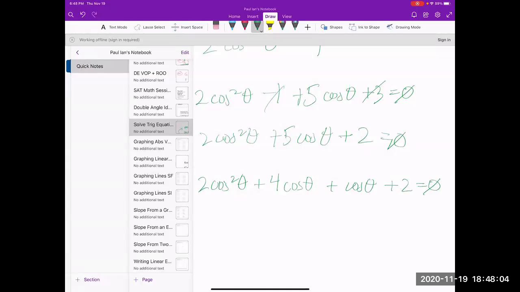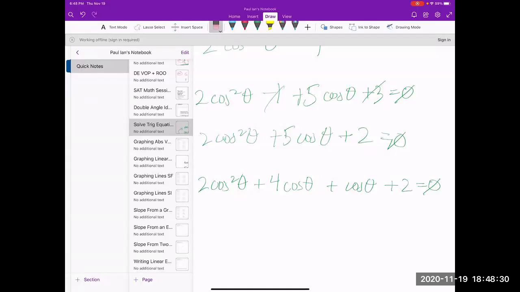But then this 5 cosine, what did you do with it? I kept it, and then that equals, then that'll be a quadratic formula. Oh, I see. Yeah, you could do it that way as well. The other way is you could split it. That's method 2, where you don't have to do the quadratic formula.